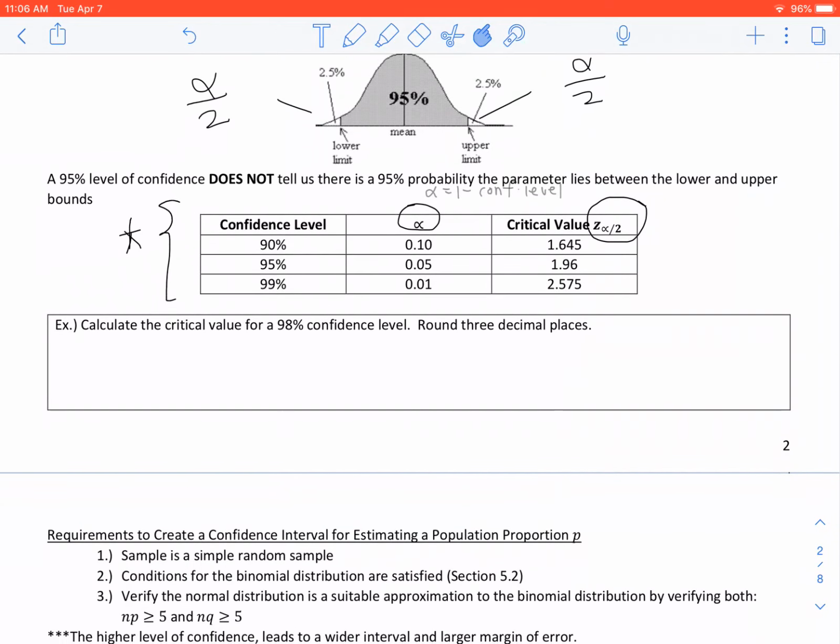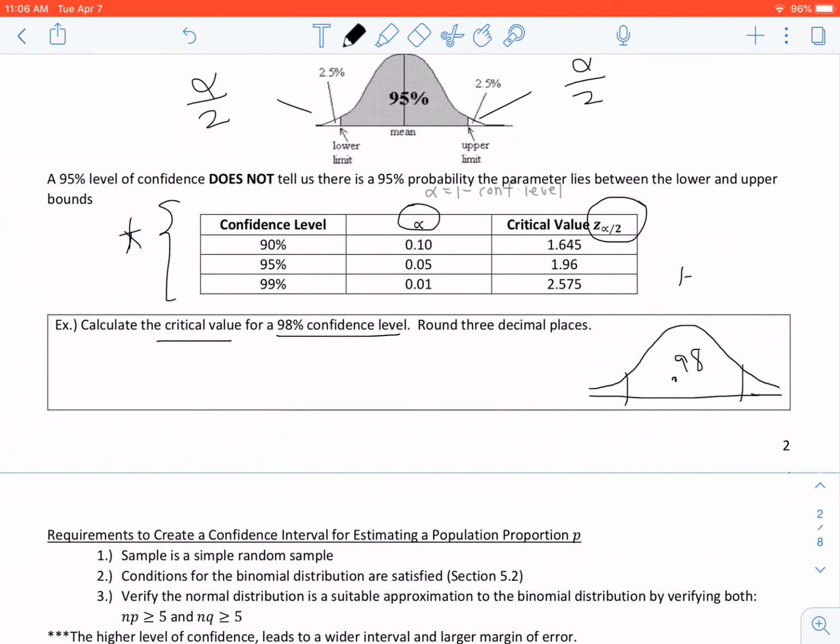The example at the bottom of the page says calculate the critical value for a 98% confidence level, around 3 decimal places. Not always do we have those values that are up there, especially on My Open Math. So you guys want to make sure that you have this example, so if it ever asks for 98% confidence, that means your confidence is always in the middle, so we have 0.98.